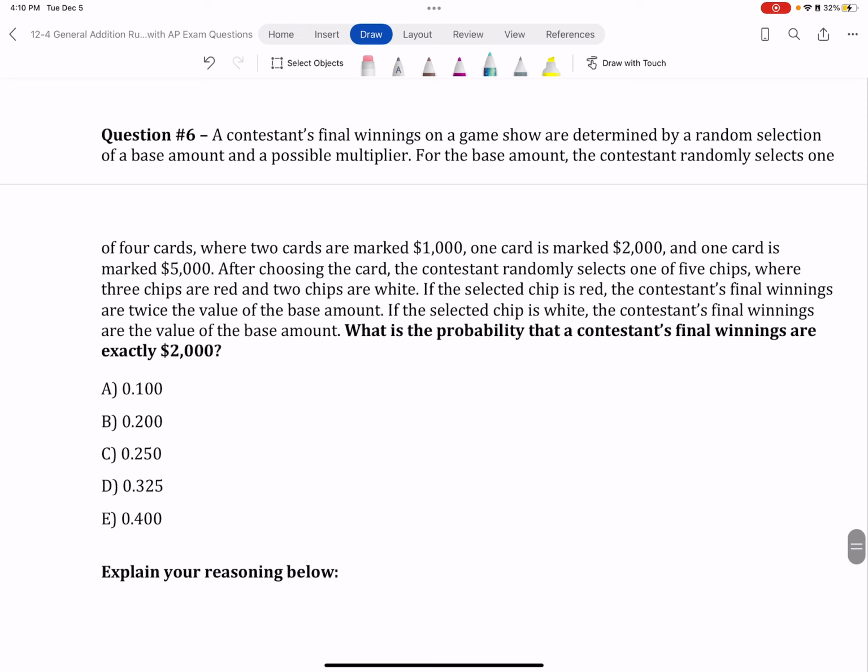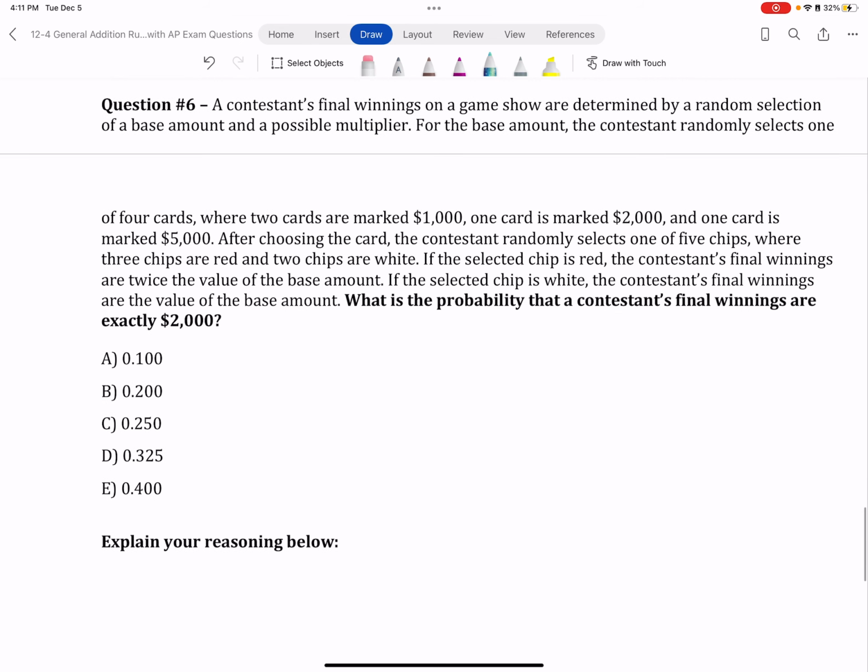All right, we're going to move on to our last question here. This says, a contestant's final winnings on a game show are determined by a random selection of a base amount and a possible multiplier. For the base amount, the contestant randomly selects one of 4 cards, where 2 cards are marked 1,000, 1 card is marked 2,000, and 1 card is marked 5,000.